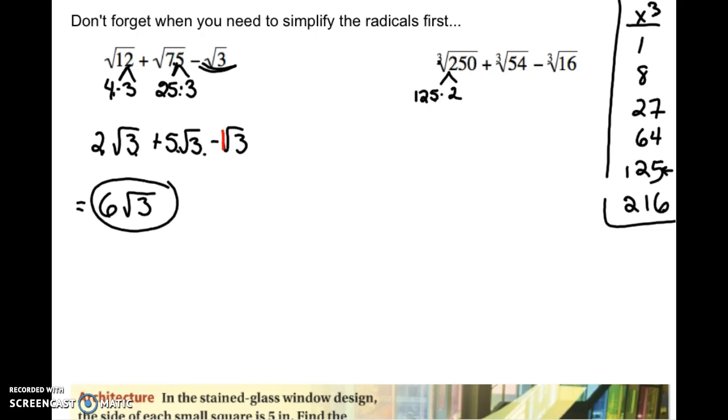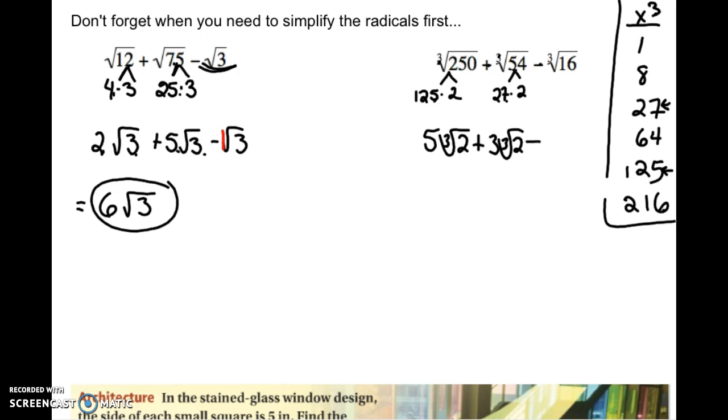And the cube root of 125 is 5 times the cube root of 2, plus 54. When we look at that, 27 goes in 2 times. So 27 times 2. The cube root of 27 is 3, and the 2 remains in the box.